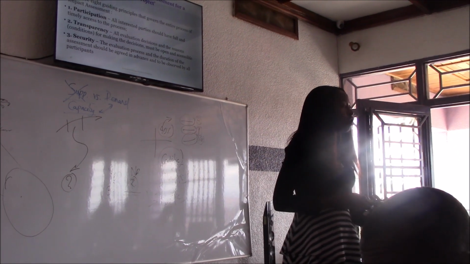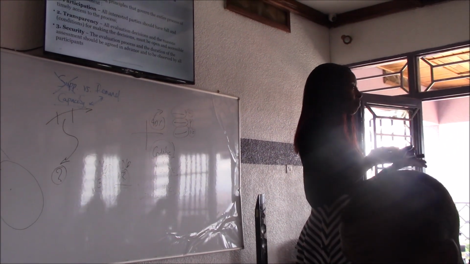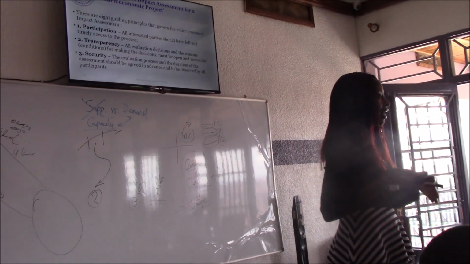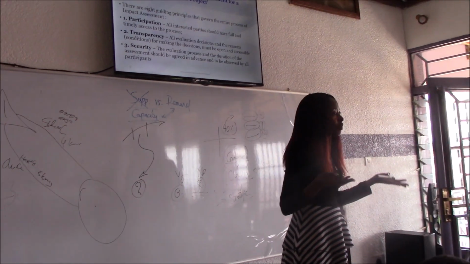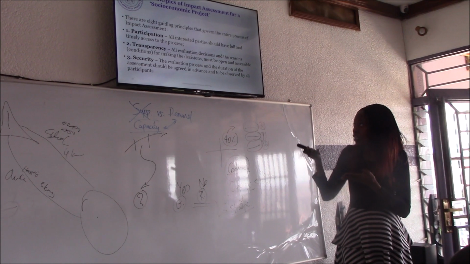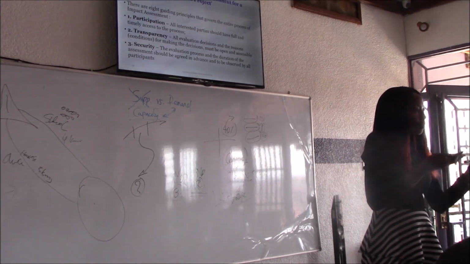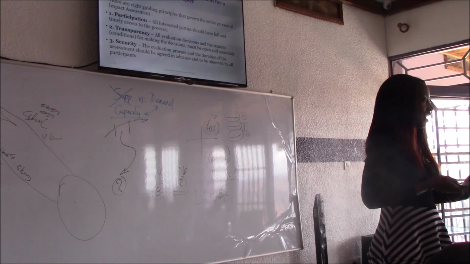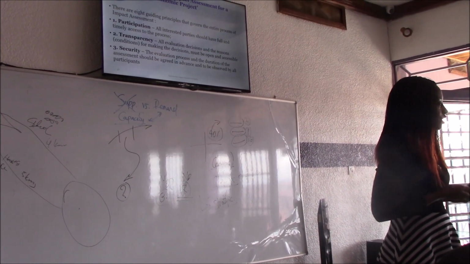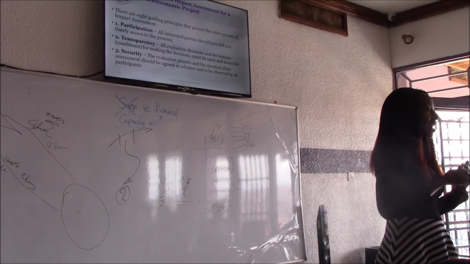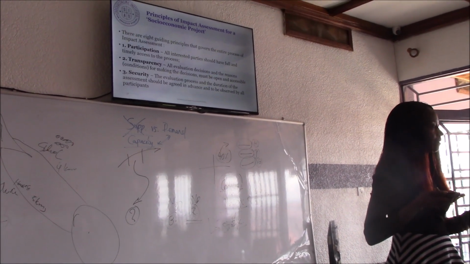For example, if it is a water supply system, there are the staff in that area, there is the community, there are many people involved in the activity. All those people must be part of the process. They have to be informed, they have to give feedback, they have to be concerned in any phase of the project.